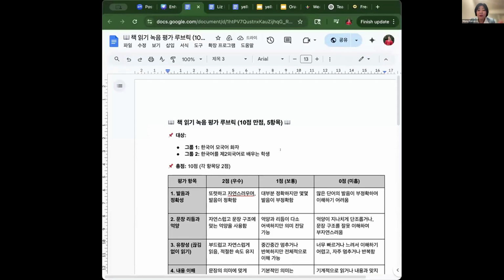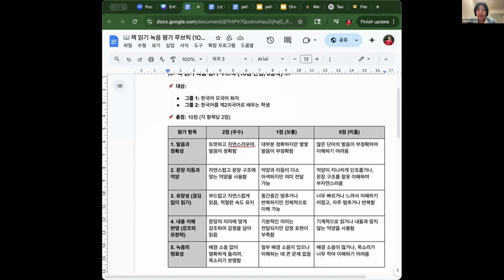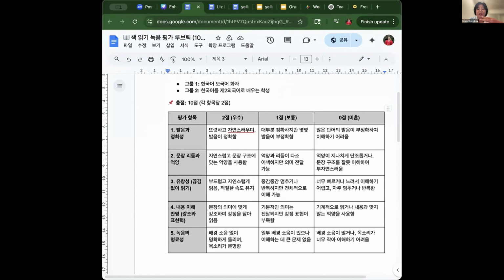I want them to practice their pronunciation with longer sentences. There were two different groups in that class, a heritage group and a non-heritage group. So I talked with ChatGPT, and said I want them to do this, can you create a rubric for them?